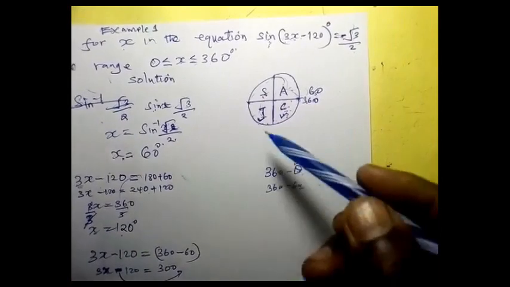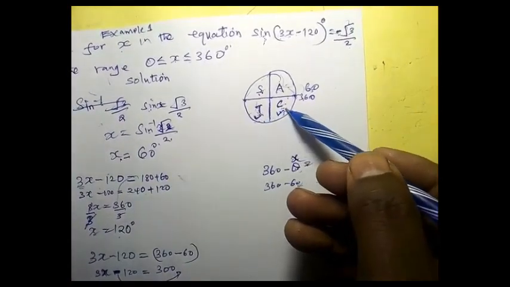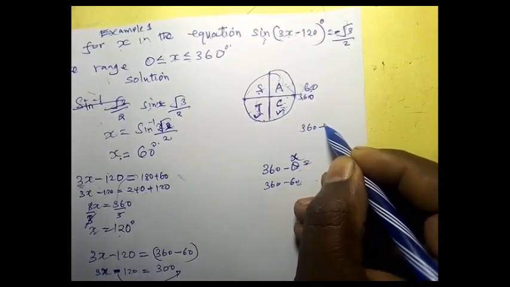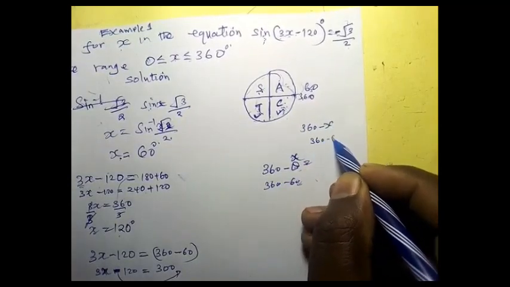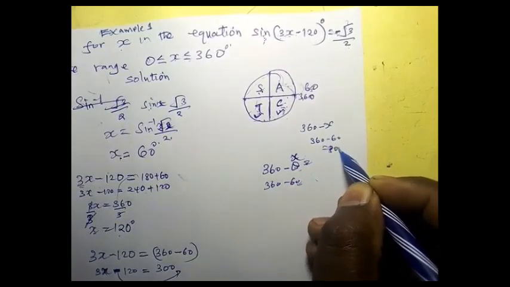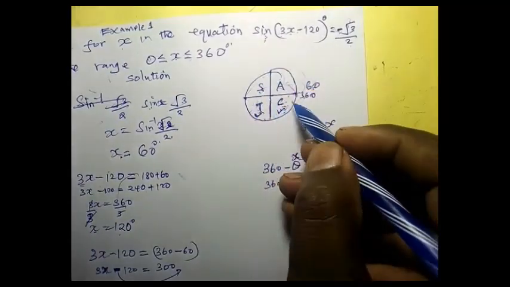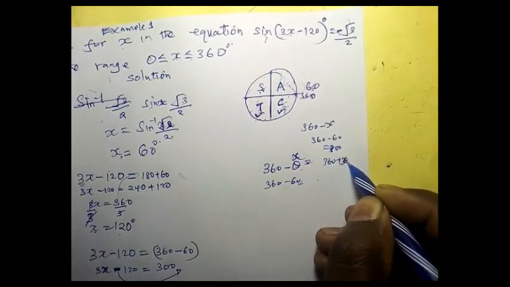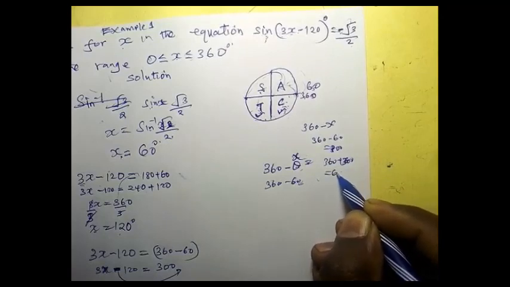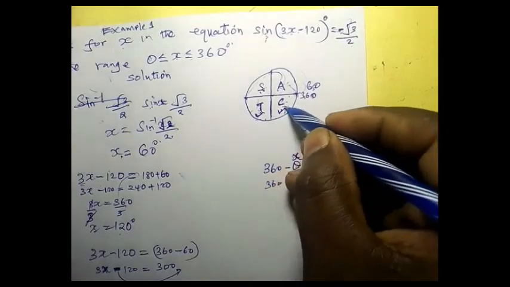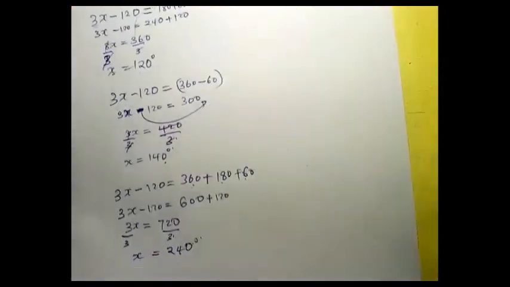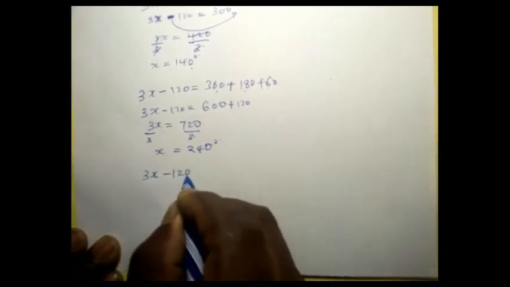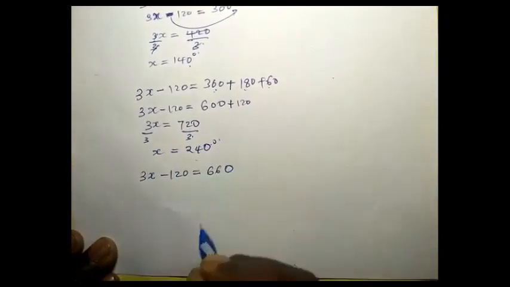Now remember, we are at this point, so we are supposed to be here. How do you get an angle in the fourth quadrant? It is 360 minus 60, the answer is 300. Remember, we have gone one round, which is 360. So 360 plus 300 will give us 660. So we continue. 3x minus 120 equals 660.